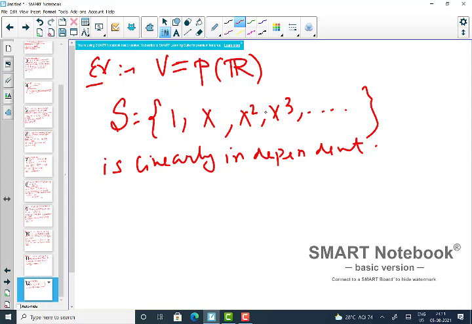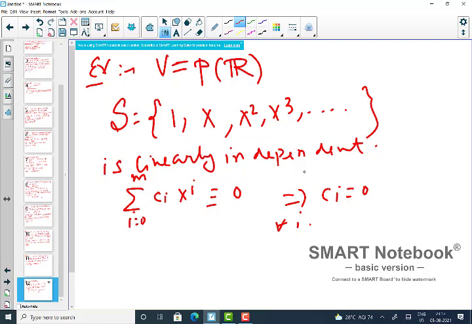You choose any linear combination, summation c_i x^i, i from 0 to m, if it is the identically 0 polynomial, that gives you the c_i's are all 0 for all i. This is true for any finite combination. So this is a linearly independent subset of this space of polynomials.